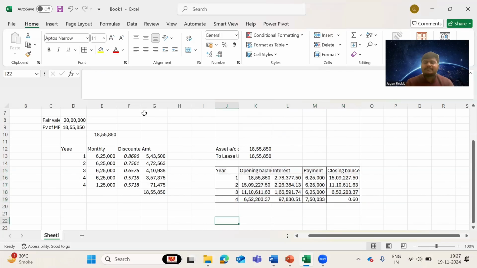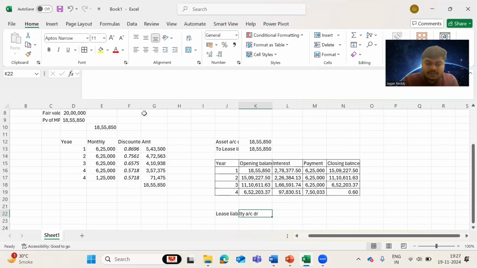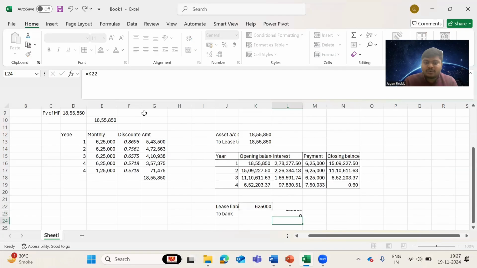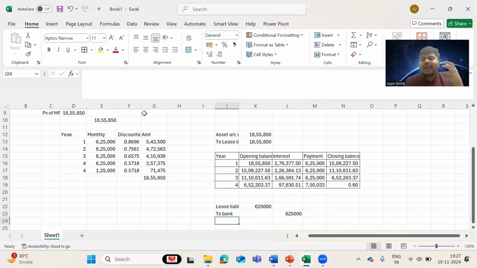Then in the first year, what will you do? How much lease liability are you paying? Lease liability account debit how much? 6,25,000 to bank account, 6,25,000. Now you have to book the interest.